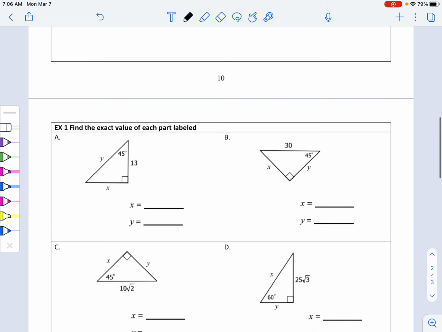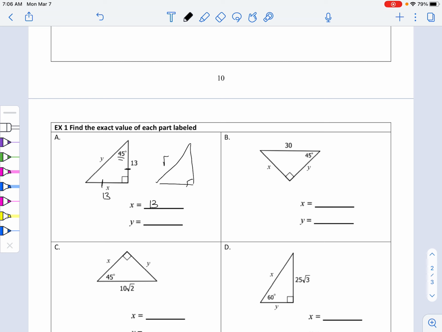So if we're looking at this first picture, I'm going to draw my triangle in the exact same way as we see it. Hopefully you see the 45 and we know that those sides are the same, so right away we should know that x is 13. You also have Pythagorean theorem in your toolbox, so at this point if you know this side is 13, you could set up 13 squared plus 13 squared equals y squared.